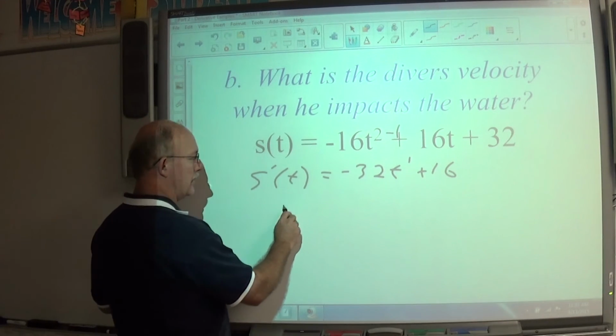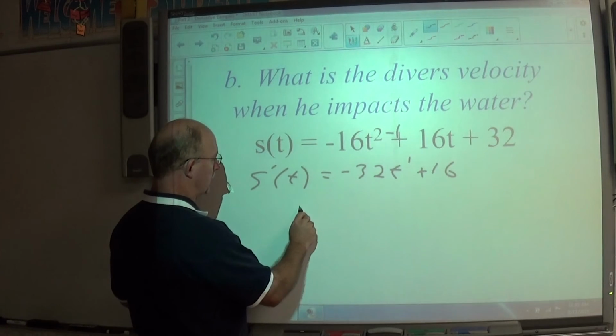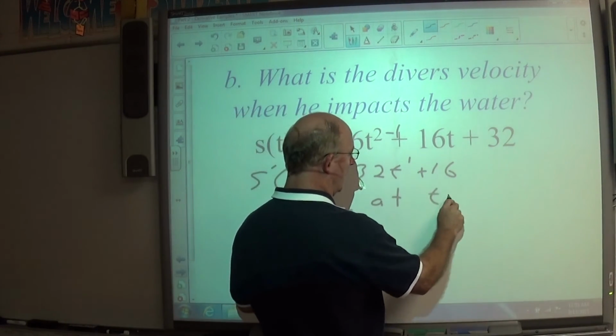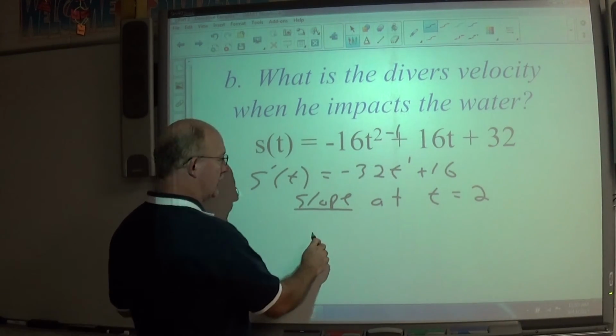So he impacts the water. That's going to be the slope of our tangent line, if you will. So this would be basically getting our slope. Okay, we said he impacts the water at t equals 2 seconds. So let's take the 2, plug it in, let's see what we get for our slope.